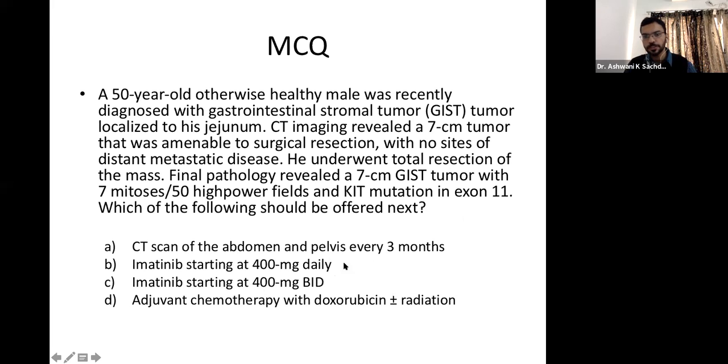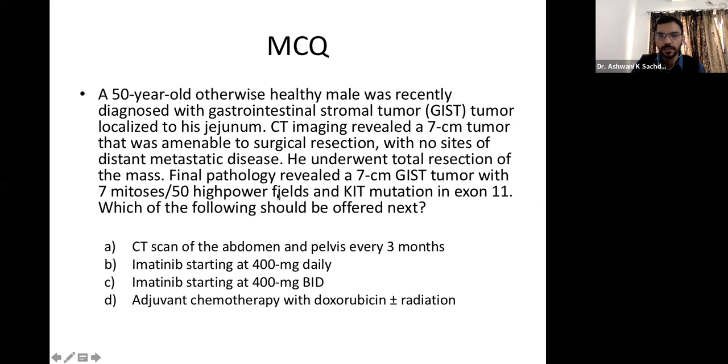To answer this question, first we'll go through the details in the question. It is a 7 centimeter GIST, so it is T3, and 7 mitoses per high power field, so it is a high grade tumor. T3 with high grade tumor, and it is a small intestinal GIST.